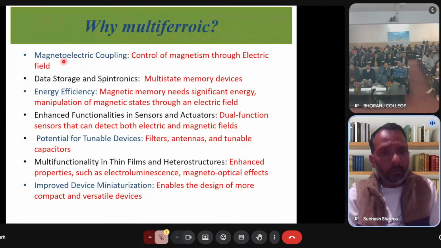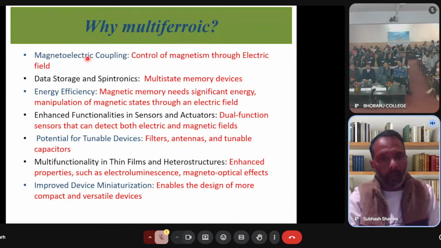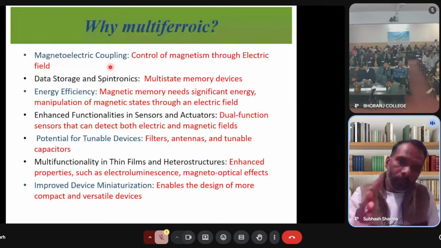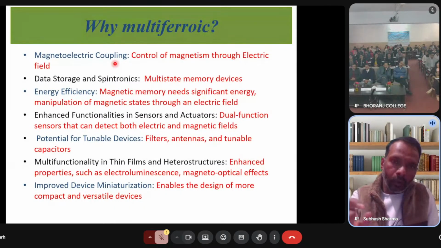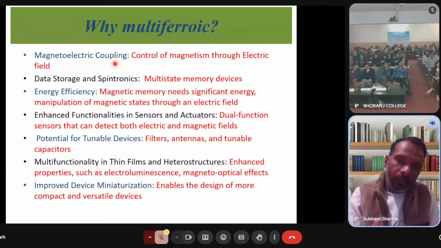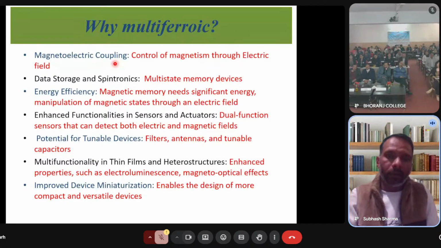The first term is magnetoelectric coupling. As the name suggests, coupling means cross coupling between ferroelectric and magnetic ordering. It means if you change the electric field, you can change or vary magnetic parameters, or vice versa, you can apply a magnetic field and change electric parameters.